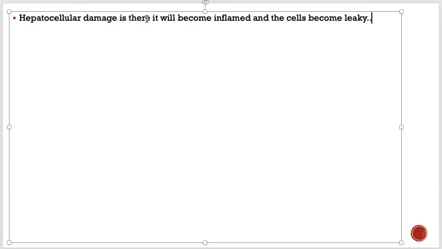When the cells become leaky, whatever is inside will spill out. So AST and ALT will be raised because now they spill out into the blood. Before, they were inside the cell.